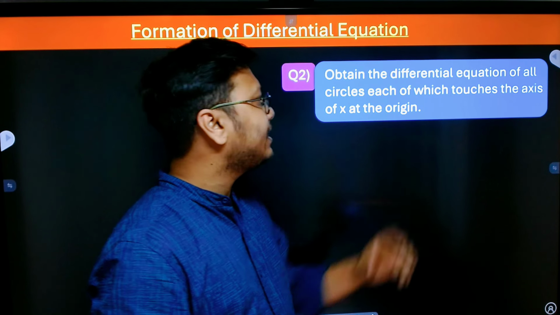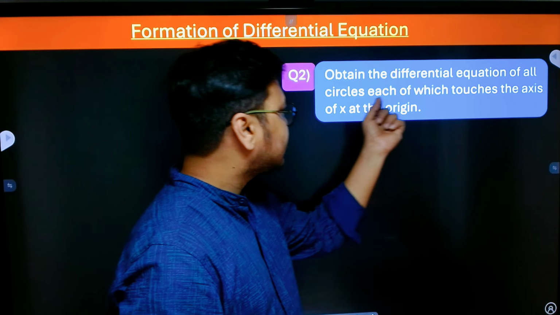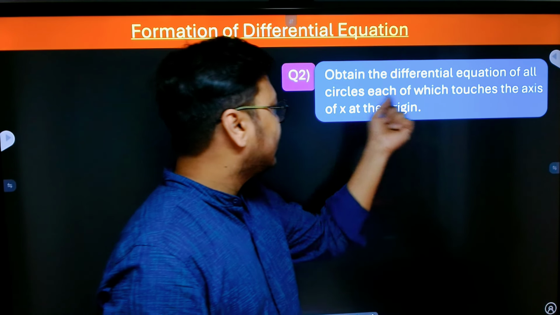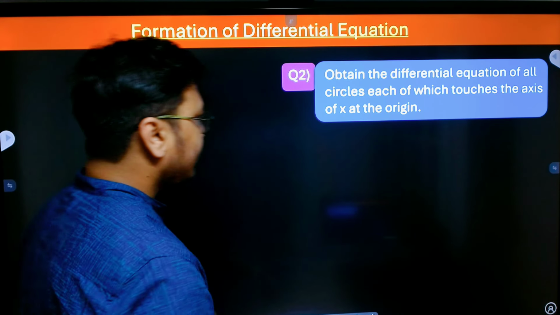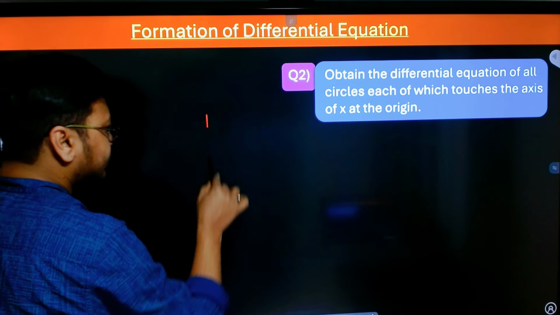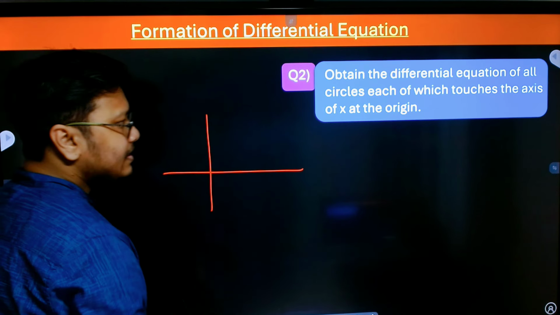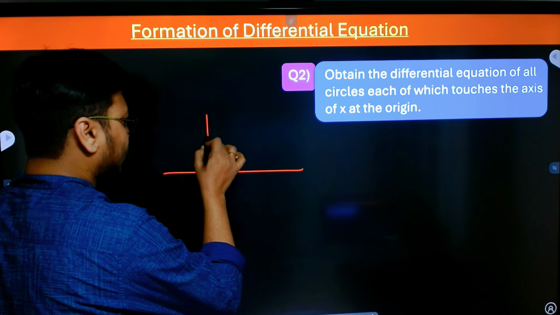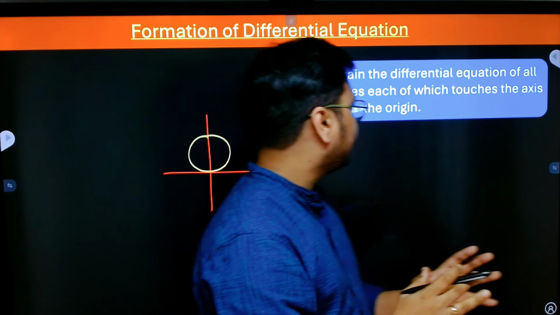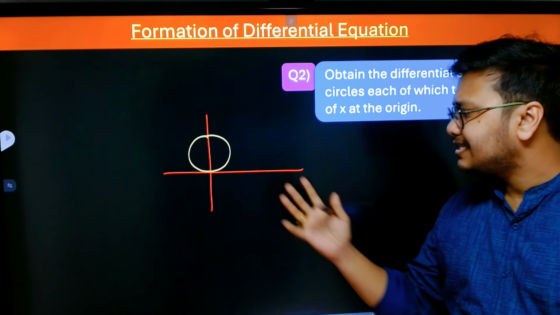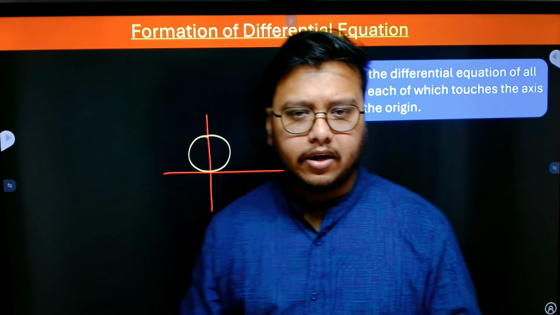It's saying, obtain the differential equation of all circles, each of which touches the axis of x at the origin. So that means the circles touch the axis of x at the origin, and I need to create a differential equation of all such circles. So basically I have a family of circles, right?